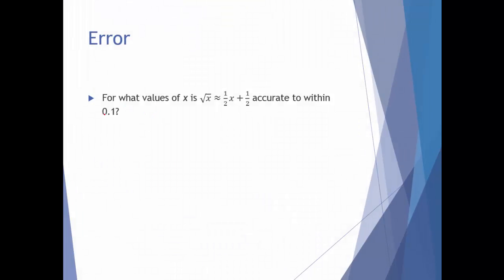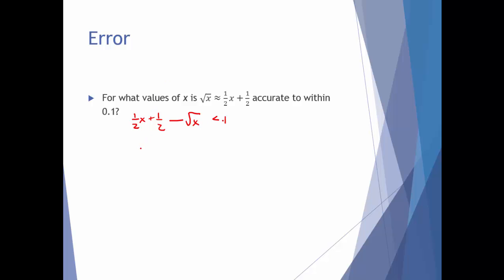So if we want to do that, in other words, we want the difference between the actual function and the line we're using to approximate it to be within 0.1 or less than 0.1. So notice I said the difference between them. That leads me to a difference. So that's 1/2 x plus 1/2. The difference between that and the square root of x, I want that to be less than or equal to 0.1.